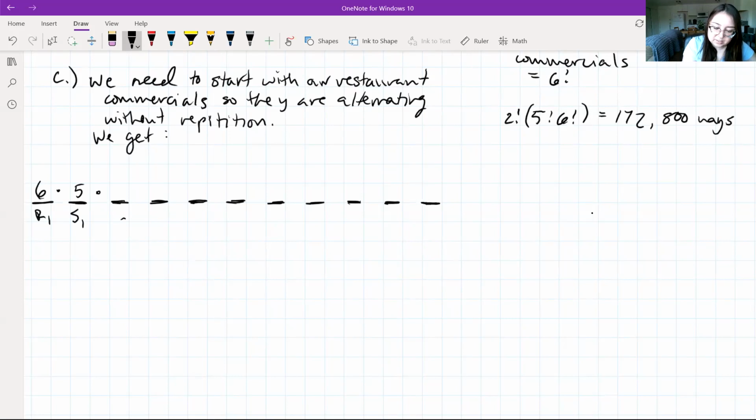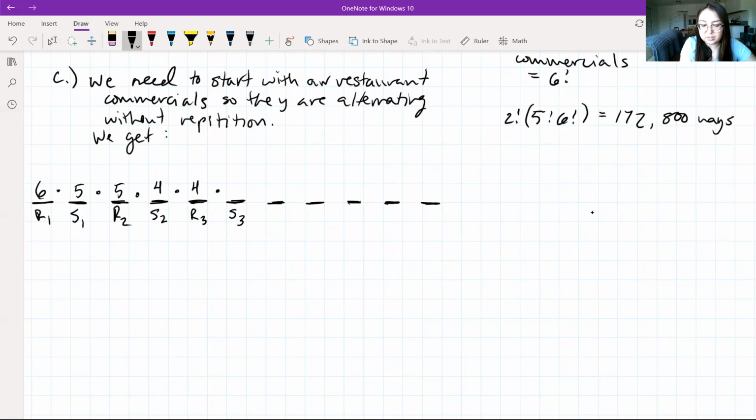Now let's move on to our second restaurant slot. We've already chose 1 out of our 6, so now we have 5 options. And now for our second store slot, there were 5 options. We chose 1 already, so we have 4 options. For our third restaurant slot, we already chose 2 out of 6, so we have 4 options.